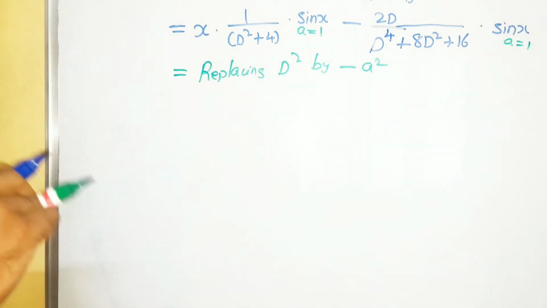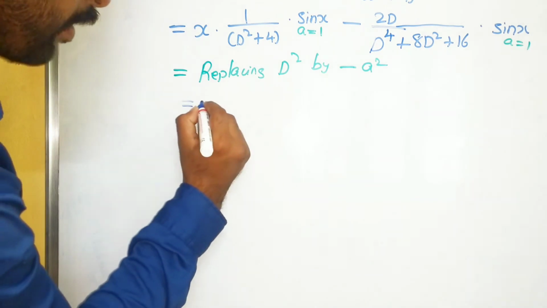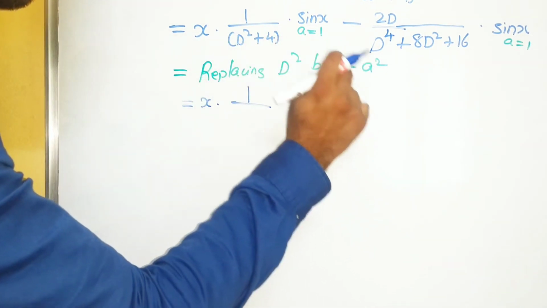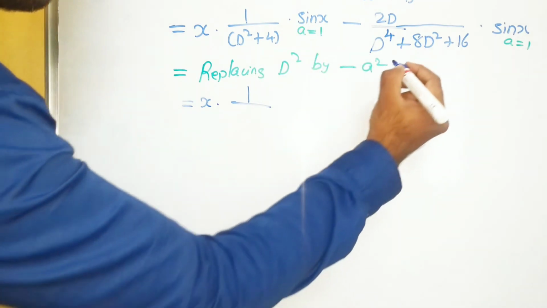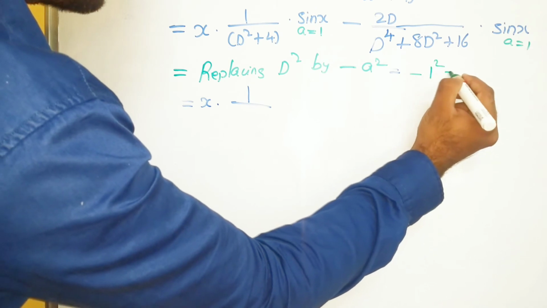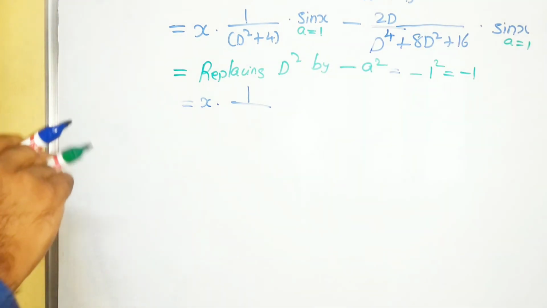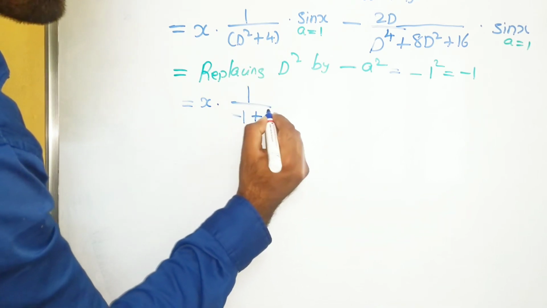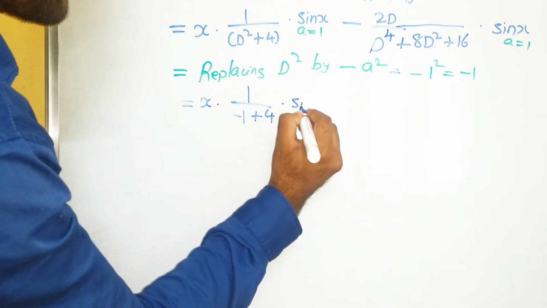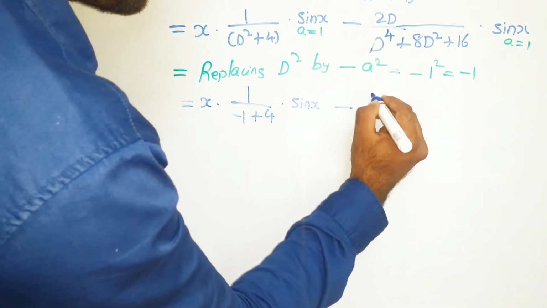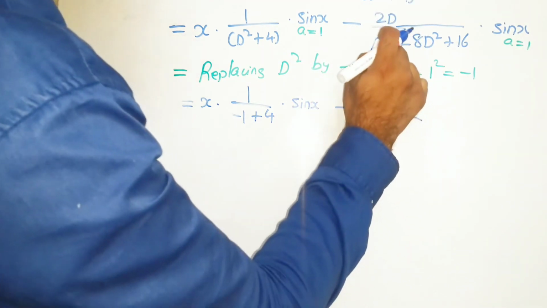So let me write by applying this value x into 1 by D square. D square replacing by minus a square means minus 1 square. So here a square is equal to minus 1 square, that is equal to minus 1. So replacing 1 by minus 1 plus 4 into sin x minus 2D by D to the power of 4.